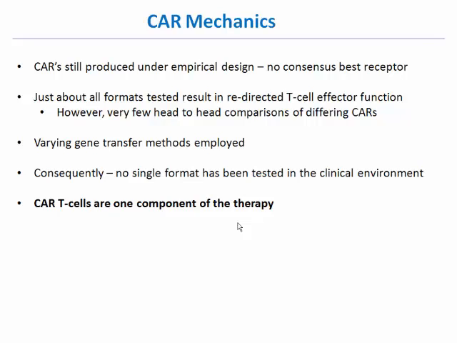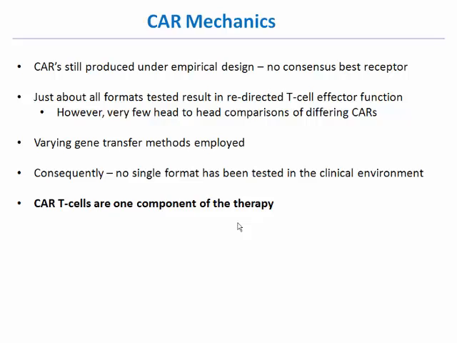Although the current view is probably that a second-generation receptor is most likely to be effective in the clinic. Just about all formats result in redirected T-cell function, but there have been very few head-to-head comparisons of different CARs. Varying gene transfer methods have been employed, so there's no one single format that's been tested in the clinical environment.